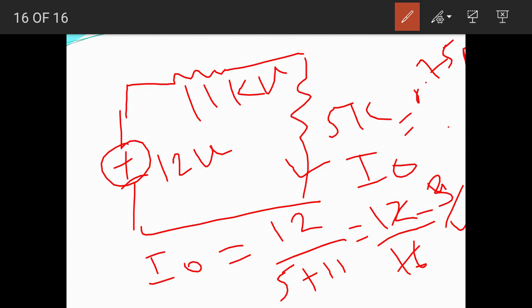So V0 is equal to 5 into 0.75, and its value is 3.75. So V0 becomes 3.75 volt.